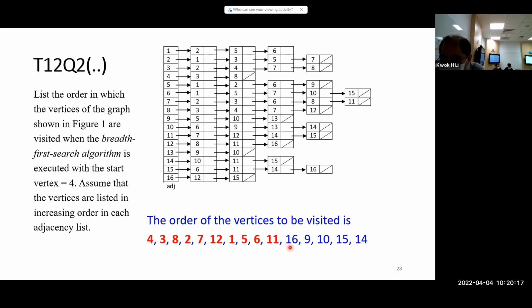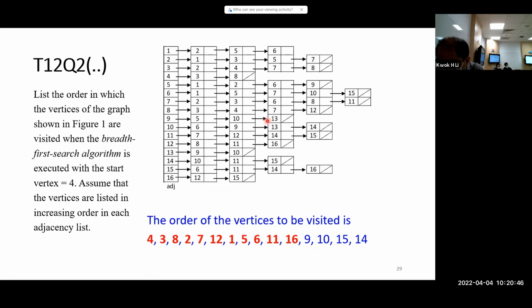We go to 16. 16 is 12. 12 visited before. 15 visited before. So no contribution, but we retire it. 16. You go to 9 because we need one more in order to visit all of them. So 5 visited before. 10. 10 visited before. 13.